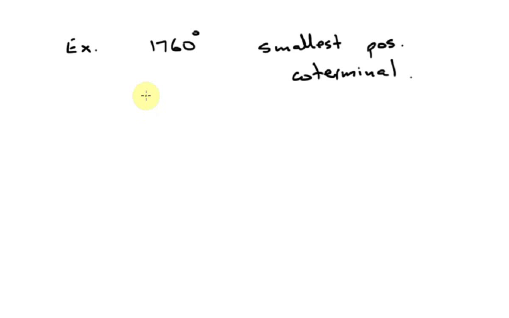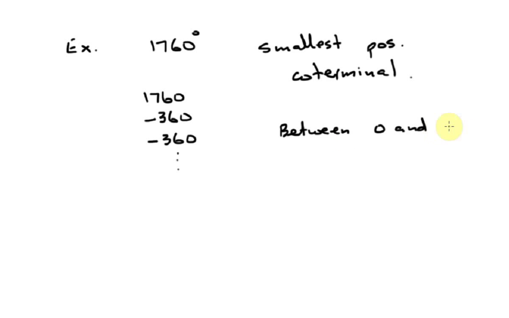Well, what you could do is take your 1760 and let's take away a rotation. Let's kind of back it up a rotation by taking away the 360. And depending where I end up, I could take away another 360 and look at my answer, and I would just keep going like this until I get something that is between 0 and 360.